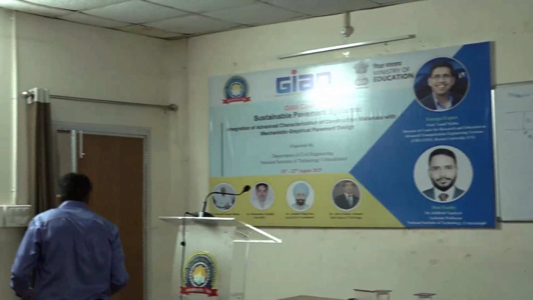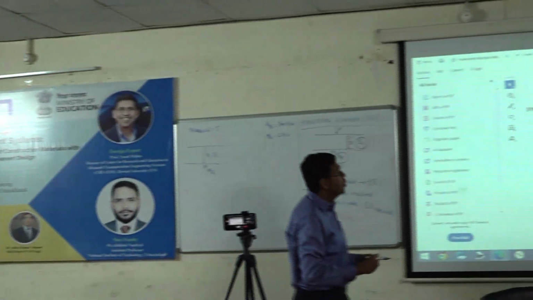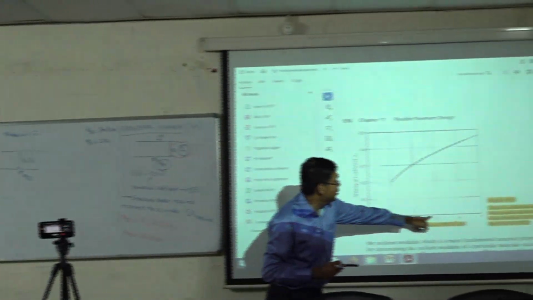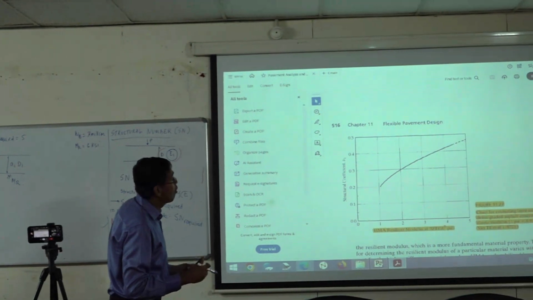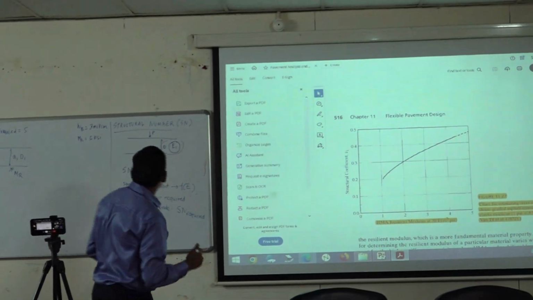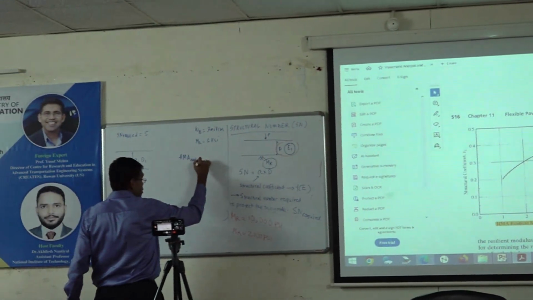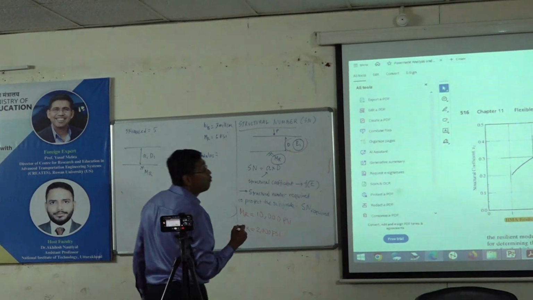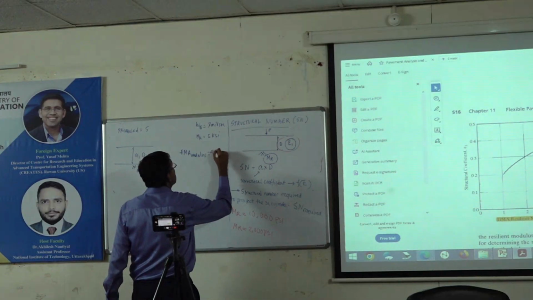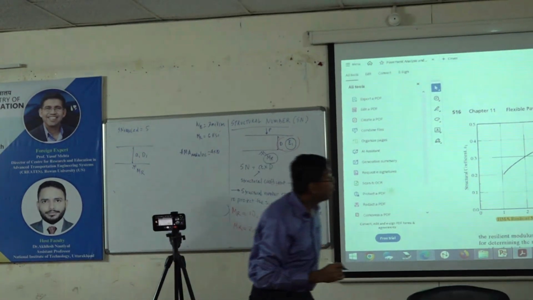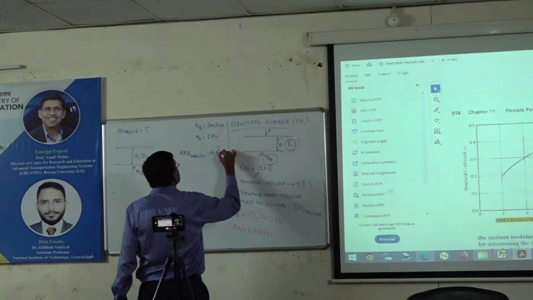Let's say the HMA modulus is, what number can I use, 4? So let's say the HMA modulus is 4 times 10 to the 5 psi, correct?